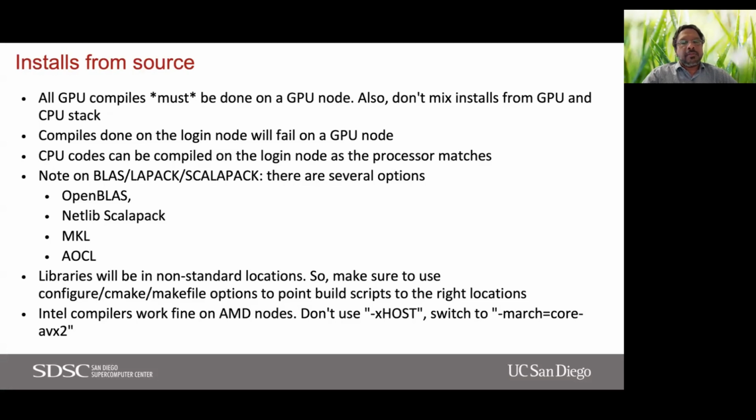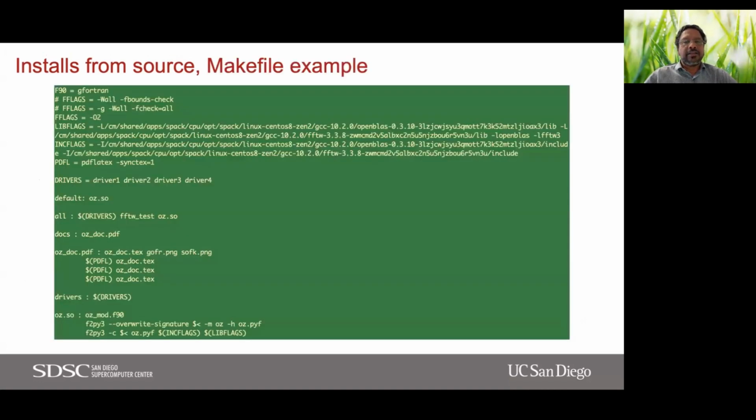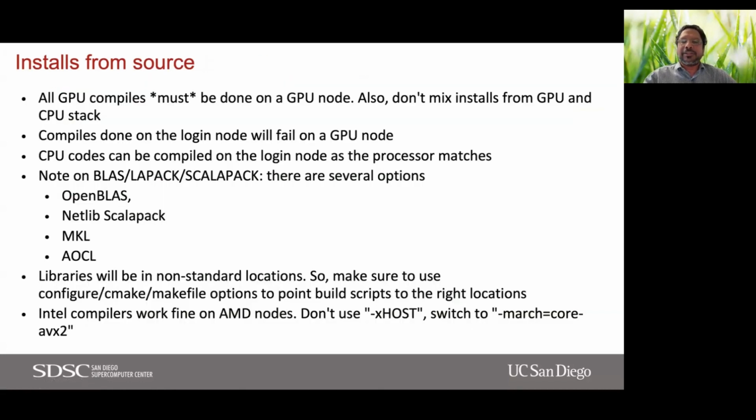The other thing to keep in mind is these libraries are in all non-standard locations. So if you go back here and look in my include flags, you can see it's in cm shared apps, spack, cpu, opt, blah, blah, blah, linux, gcc 10.2, and with this whole hash and everything there. That's not where typical installers will look for things, right?